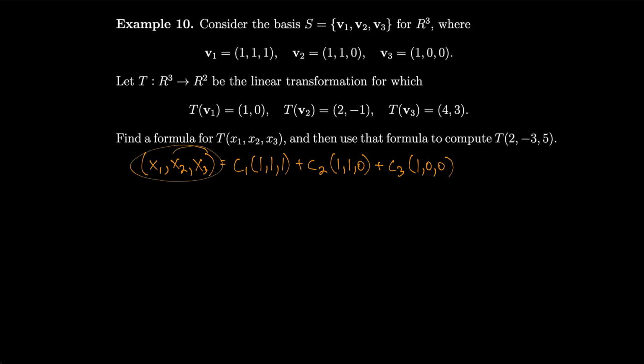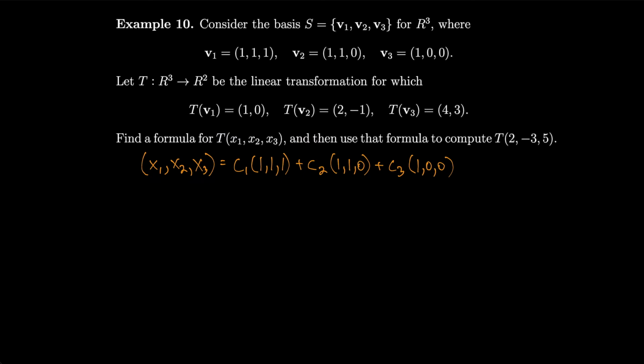Because x1, x2, x3 is just some vector, so it has to be able to be expressed as some linear combination of the basis vectors, otherwise this wouldn't be a basis, right? Okay, so let's see if we can figure out the C's, and then we'll use those to find a formula for the T based on the previous theorem.